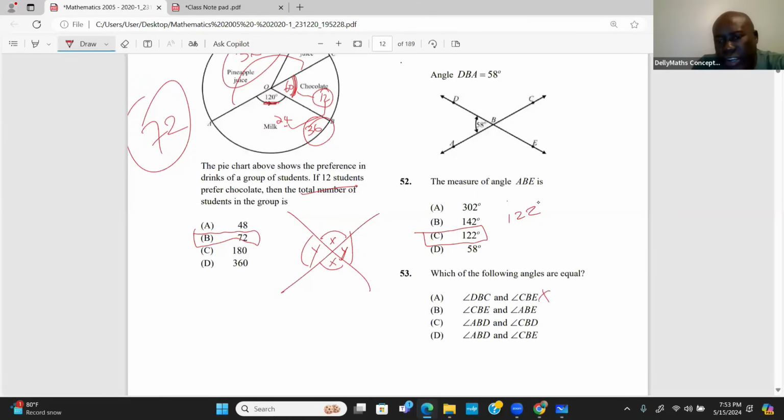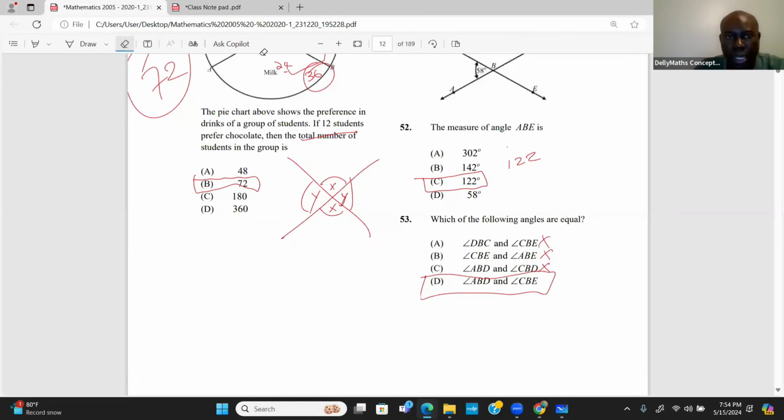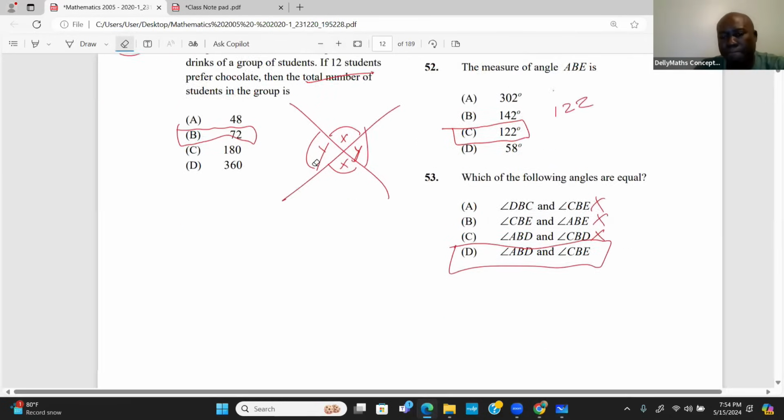So this is how you do it, you're eliminating. ABD, which is the 58, and CBD, these are not equal. So that means I'm going to pick this and move on. I'm not even going to read it for you, because if I already eliminate the first three, I tell you the other one is the answer. We're moving on. That is how you approach multiple choice.